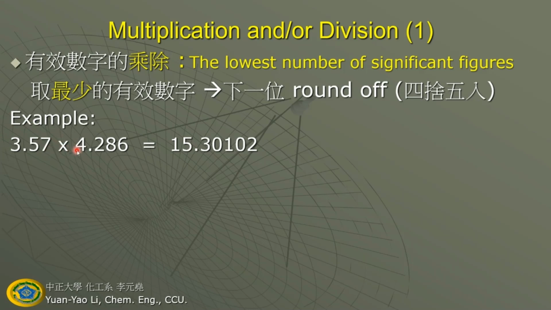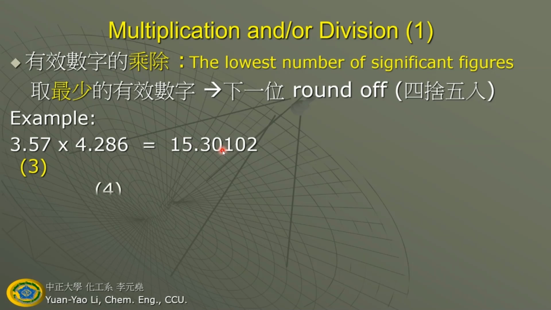How many significant figures here? 4. So you have 3 here, 4 here, and you need to take what? The lowest number of significant figures. So the number you can get is what? 3. So 1, 2, 3. This is the one. And after this one, round off.